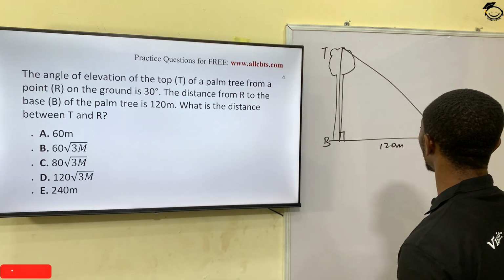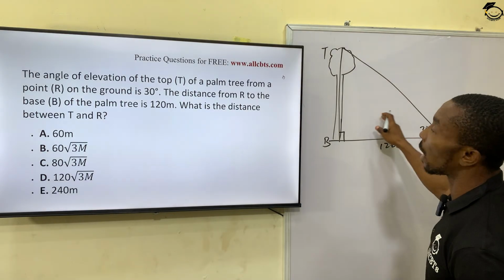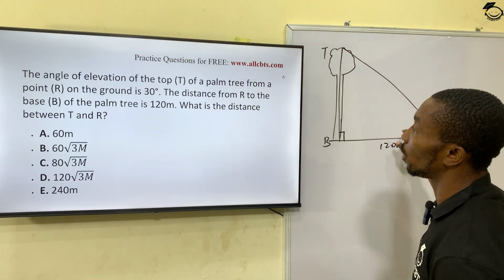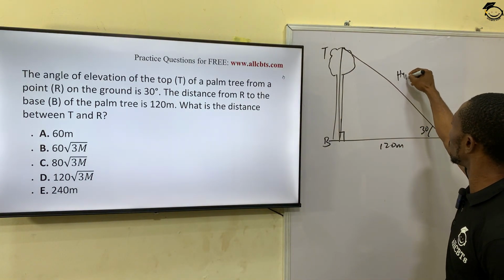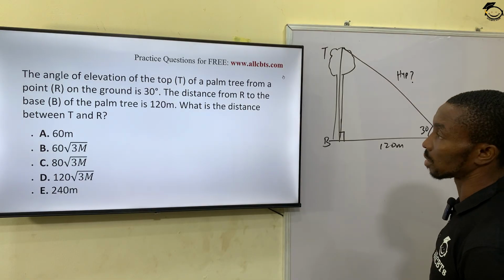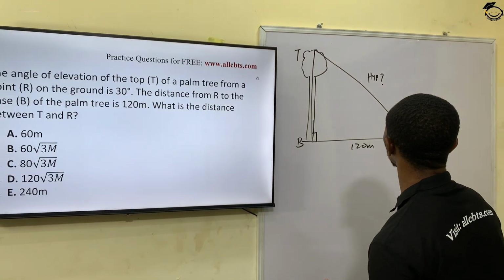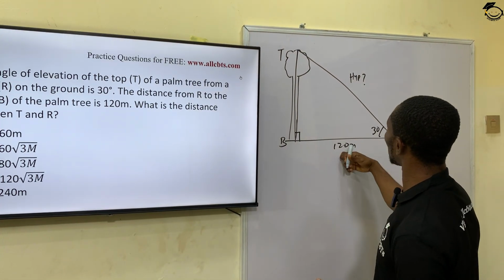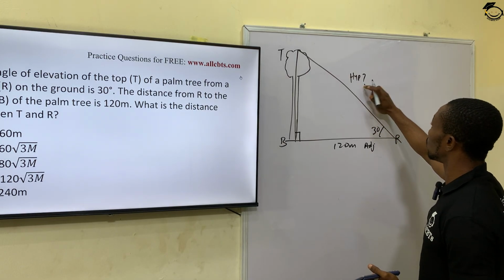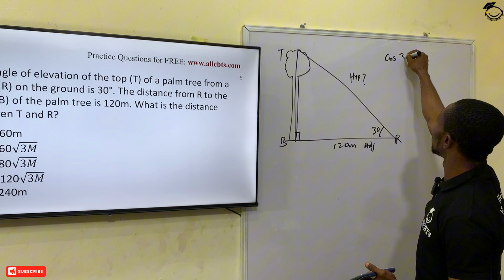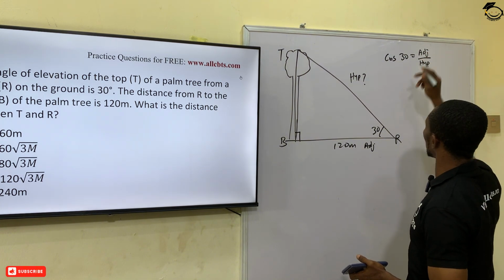Now knowing that our angle of elevation is 30 degrees, we are asked to find the distance between TR, which is our hypotenuse. So we are asked to find this. In order to get this, since we have our adjacent and we are looking for the hypotenuse, we are using cos 30 equals adjacent over hypotenuse.